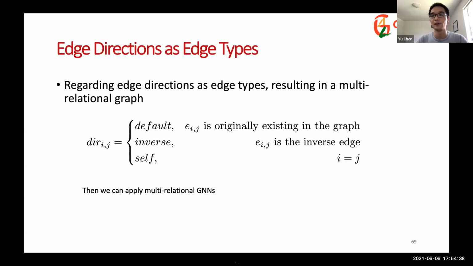These are three types of edge directions, and we simply regard them as three different edge types. Then we can apply multi-relational GNNs to encode this graph, and we will talk about what multi-relational GNNs we can use later.